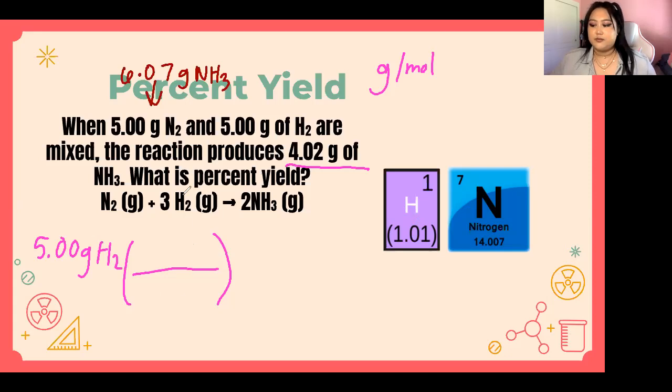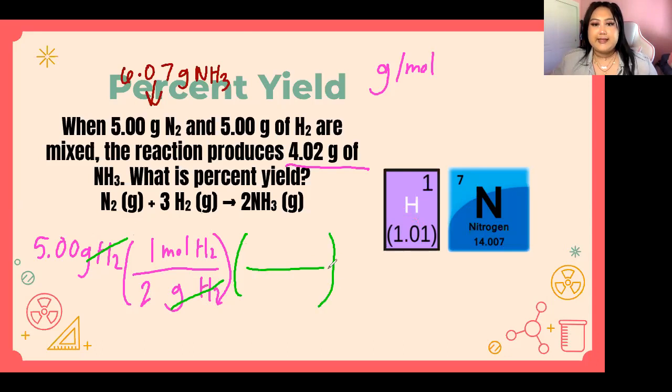To moles, yeah, okay. So we have 2 grams, 1 mole, H2. Okay. So we got rid of this. We're on to what? What next? What are we converting this into next?